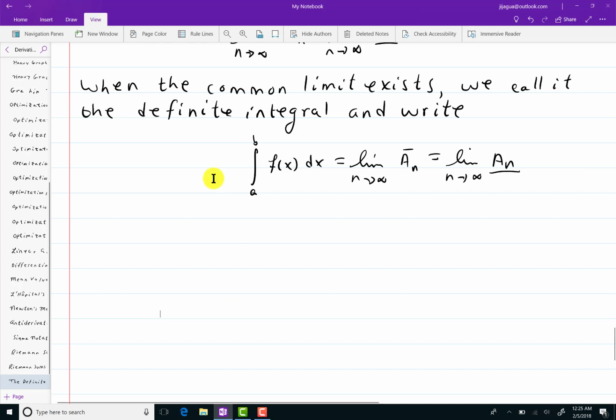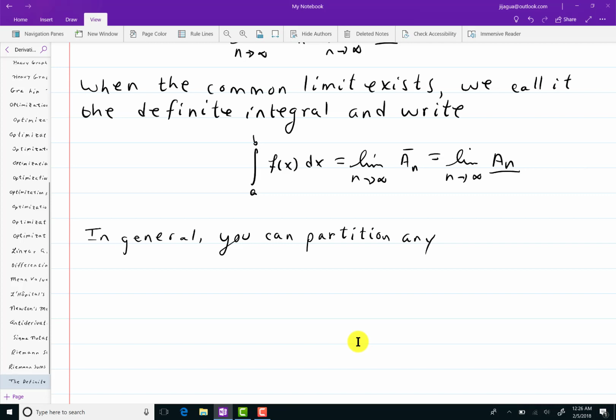Now in general, it doesn't matter what you pick. You can partition any way you like. What type of partition was not really mentioned.